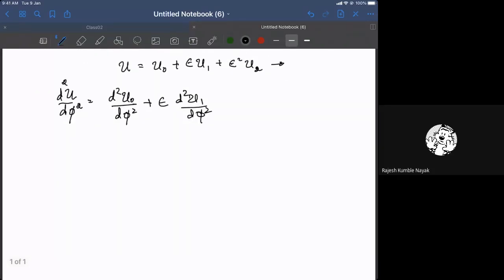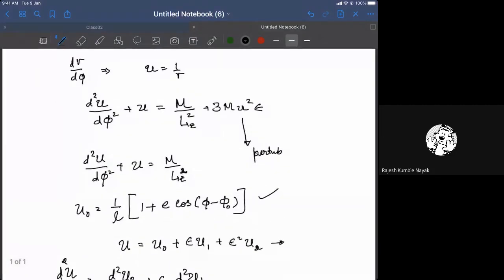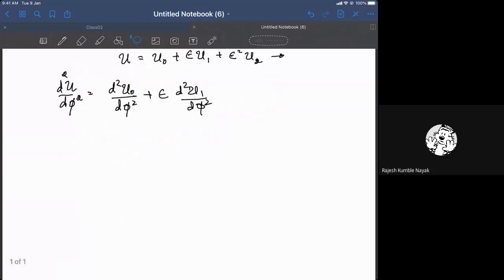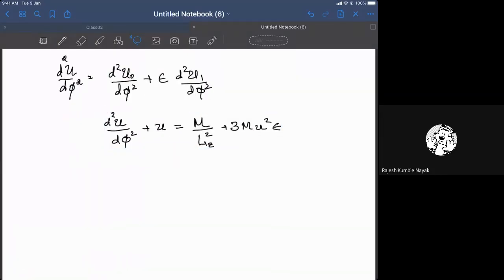Let's substitute this back in the differential equation. The differential equation, let me put it down again. The epsilon there is only written for reference. It does not have any actual meaning.